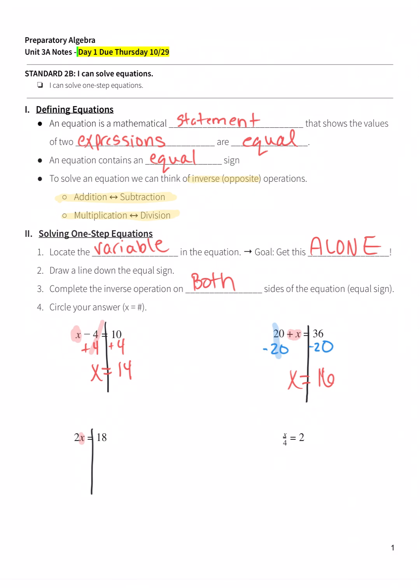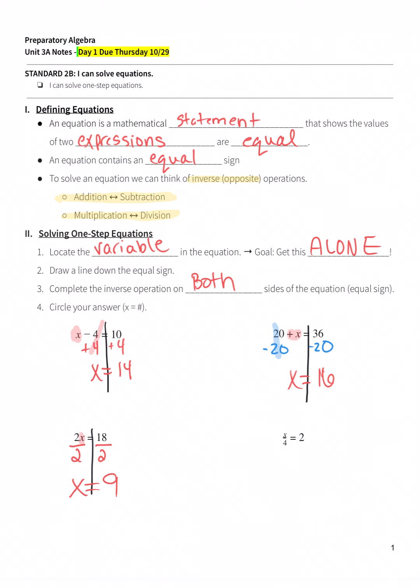So I need to divide both sides by 2. 2 divided by 2 is 1. So we are left with 1x on this side. That is why we do the opposite, so that we have x alone. So 2 divided by 2 is 1, so we're simply left with 1x. 18 divided by 2 is 9, so x is equal to 9.